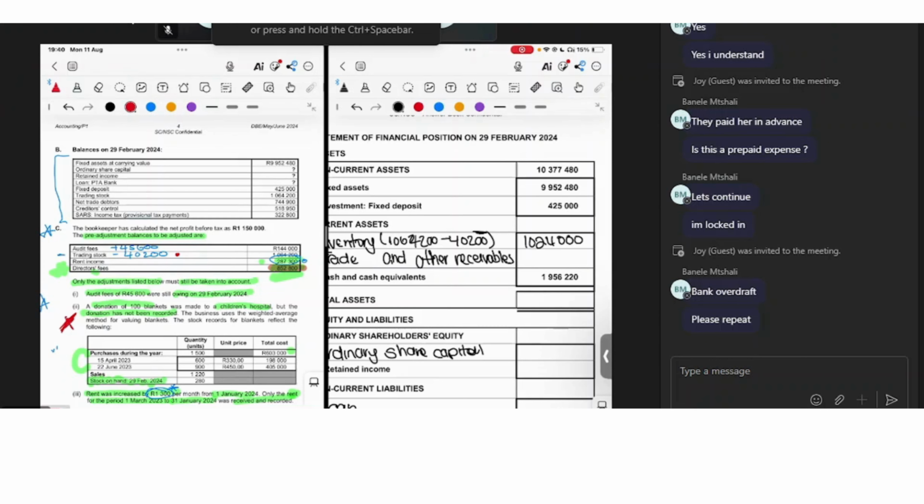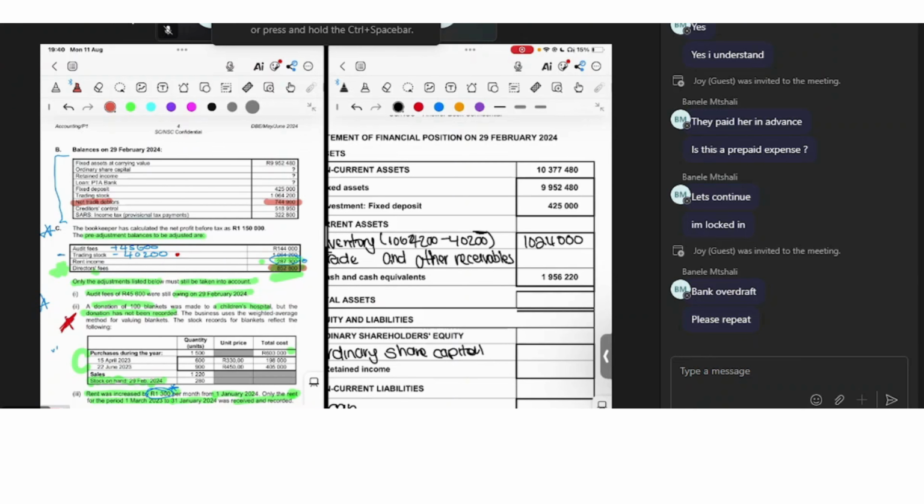Then we have our trade and other receivables. Trade and other receivables is your net trade debtors, because that is trade debtors minus your provision for bad debts. And then it's made up of your prepaid expenses, your accrued income, and if you have a SARS debit balance as well. So they've given us our net trade debtors here as 744,900.